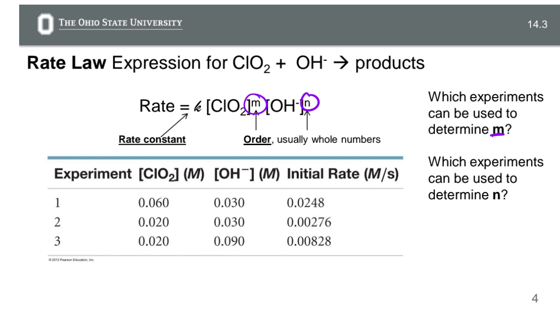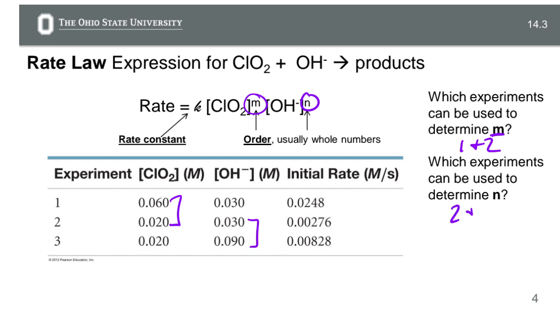we change the concentration of ClO2 in experiments 1 and 2, holding hydroxide constant. Okay, so those we can use to determine how the rate is affected by the concentration of ClO2. When we hold ClO2 constant, we can then look at how the rate of the reaction changes with the concentration of OH minus.